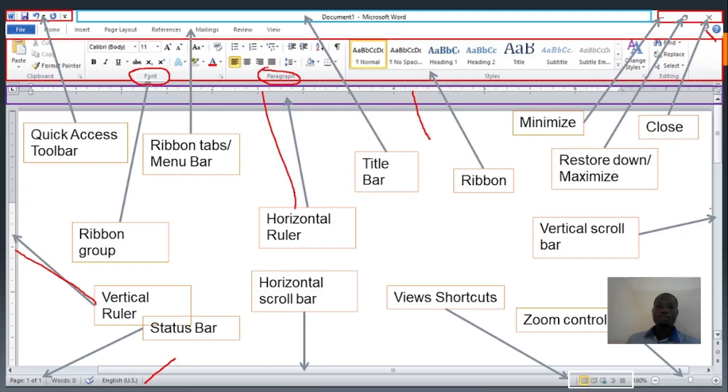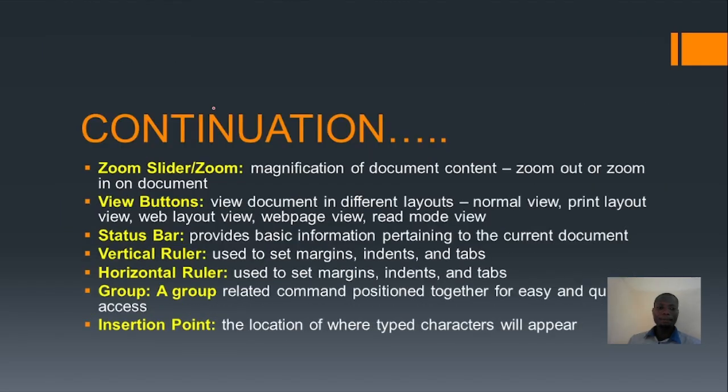So the related commands are just put together for easy access. You can see also we have a clipboard group here, etc. It is very, very important for you to understand these sections because they will help you when you are working with a document or when you are working with Microsoft Word.